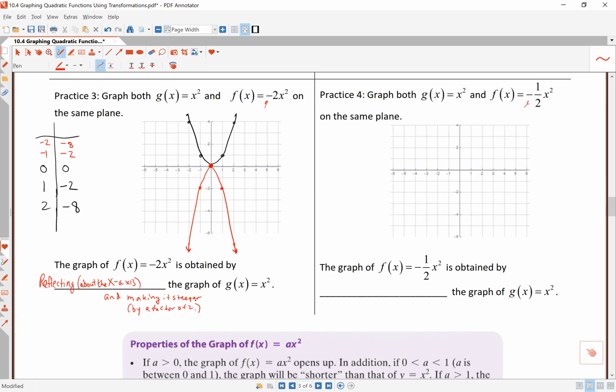So the negative in front of it has the effect of reflecting about the x-axis. The same thing is going to happen in practice 4, except the 1/2 is going to make it wider.